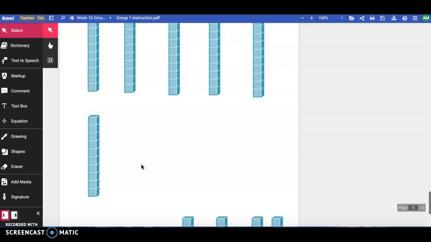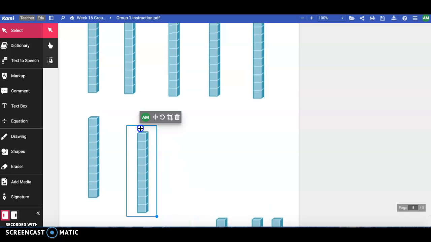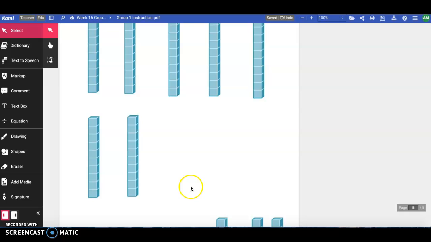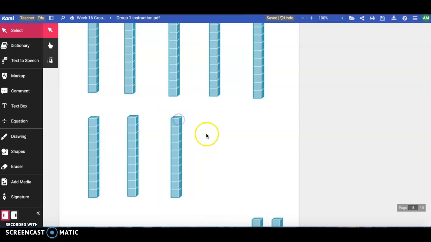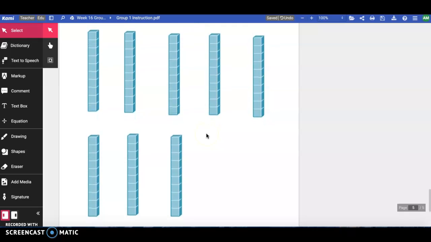All right, let's add some more. Now we have 7 groups of 10, 8 groups of 10. All right, go ahead and pause the video again and share with your teacher how many cubes you see in 8 groups of 10. If you said 80, that's correct.